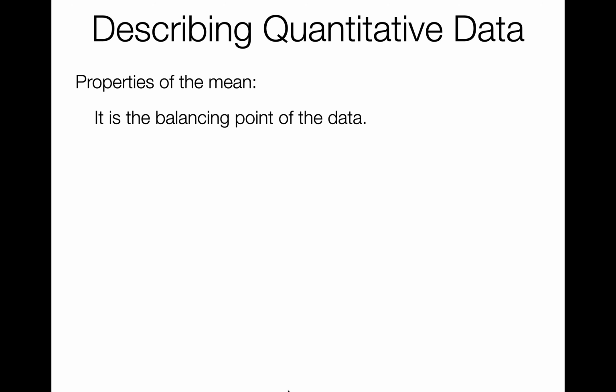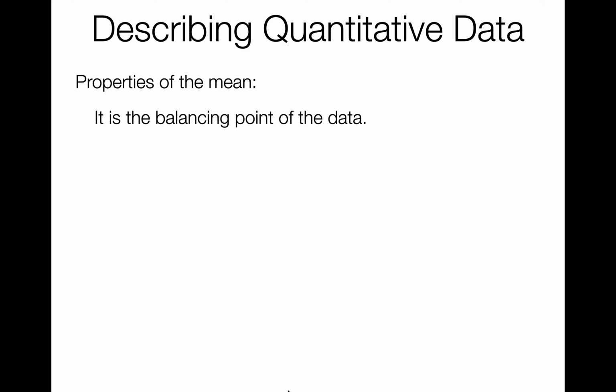So properties of the mean is that it's the balancing point of the data. So if I put weight on the data of like how far away they are from the center, okay, and I put like a balancing point at the mean, it would balance.